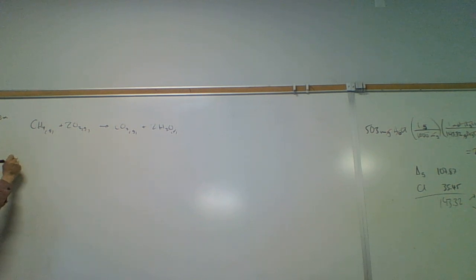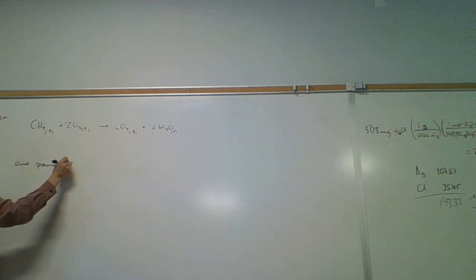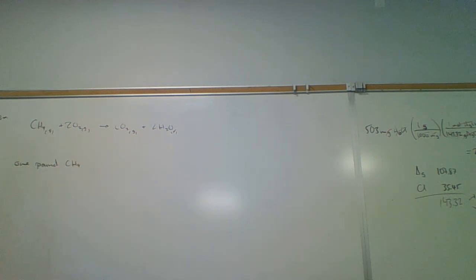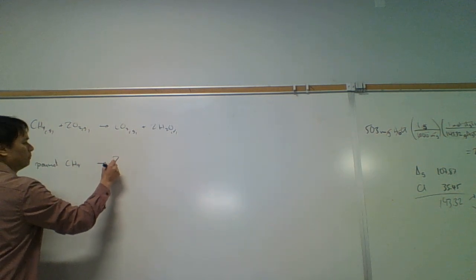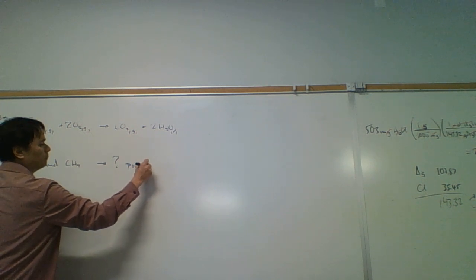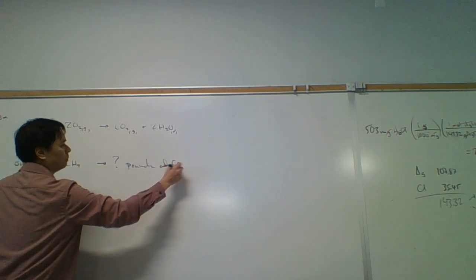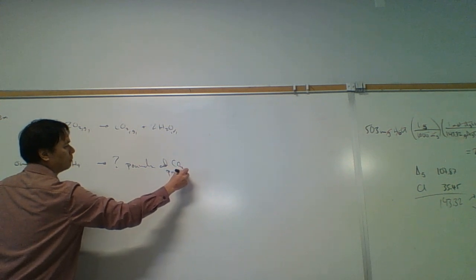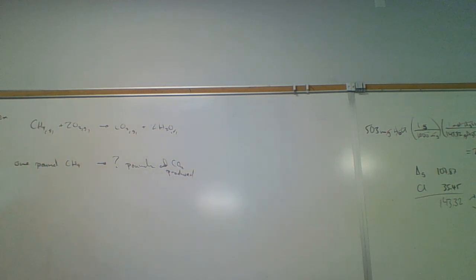So let's say I have 1 pound of methane. If I burn 1 pound of methane, how many pounds of CO2 are produced? Now I need enough oxygen, because if there's not enough oxygen, then it doesn't work. So we're going to assume there's plenty of oxygen, which there usually is.